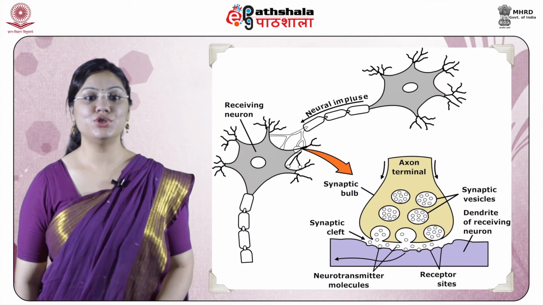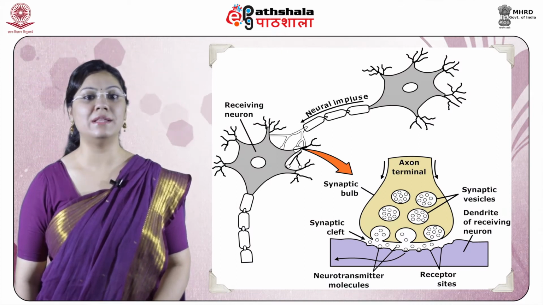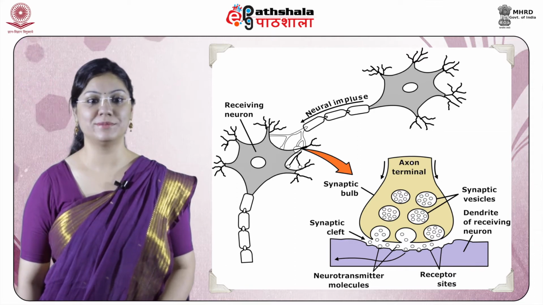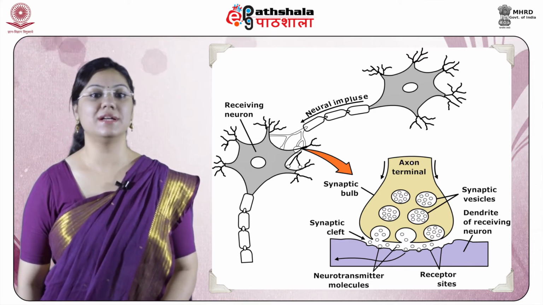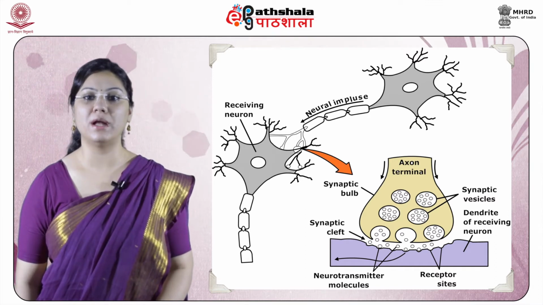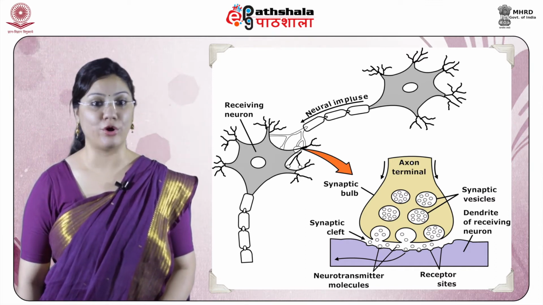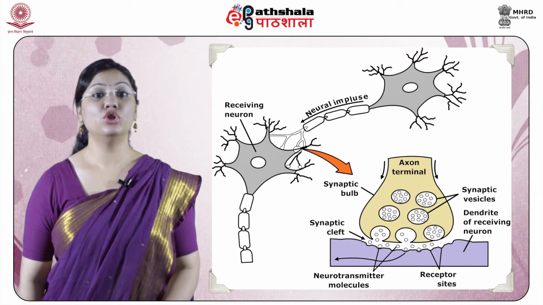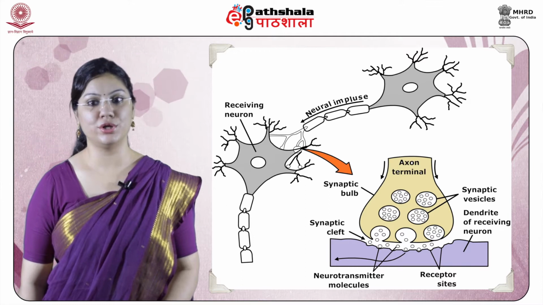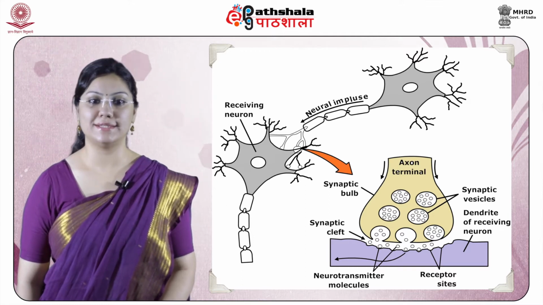Figure 2 shows electrical impulse transmission across a synaptic cleft. A synapse consists of junctions between the terminal buttons of one neuron and the postsynaptic membrane of the target neuron, usually the dendrite.